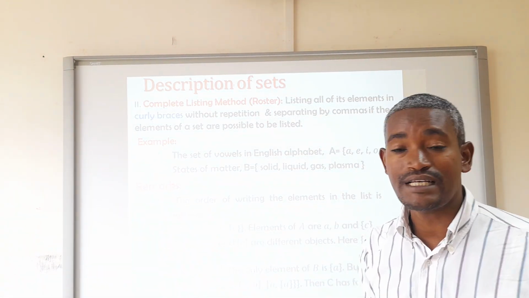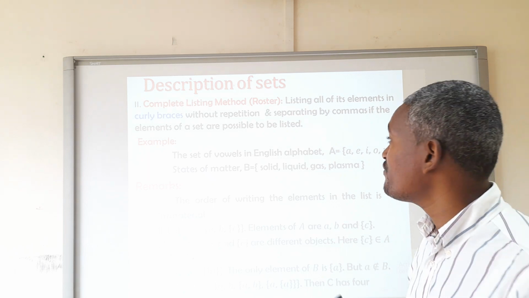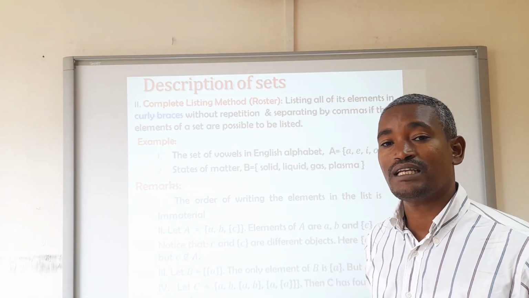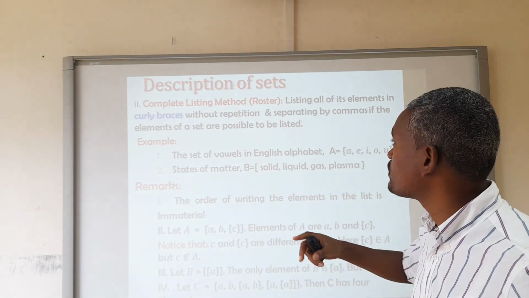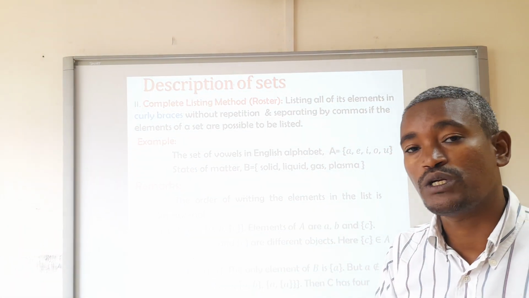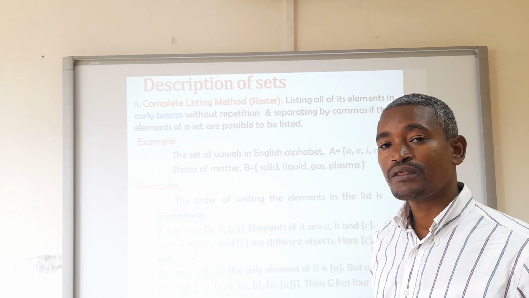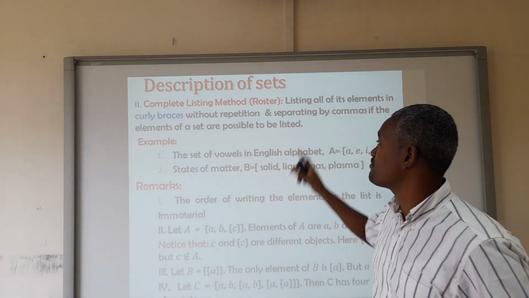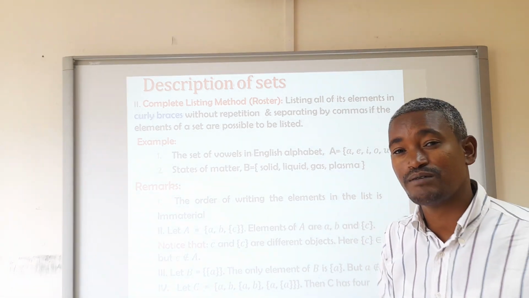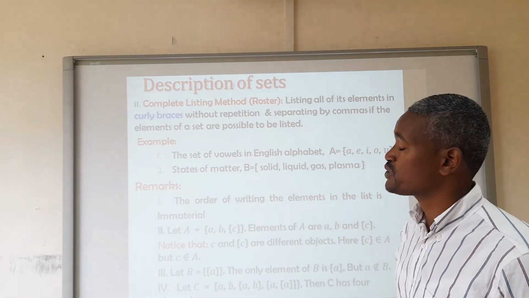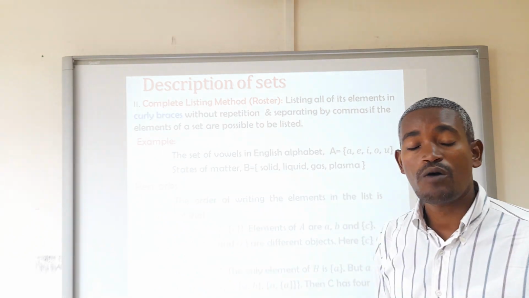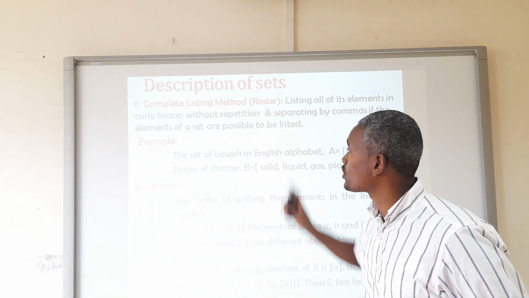The second one is the complete listing method. If we are able to list all the elements of a set in curly braces without repeating, separating the elements by commas, then it is said to be the complete listing method, or the roster method.